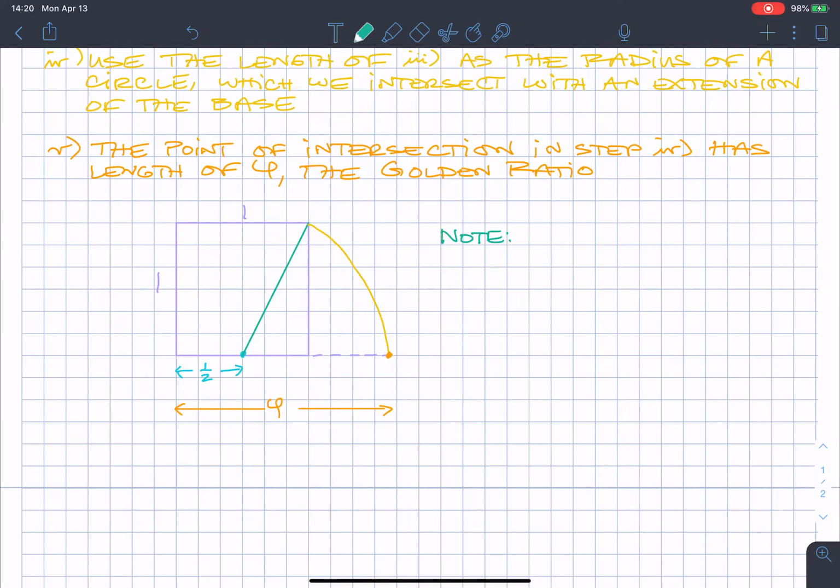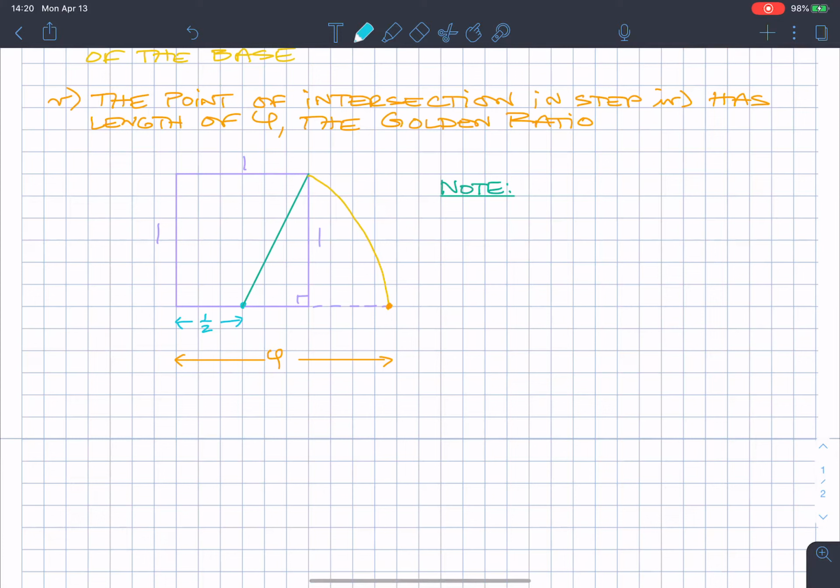we can use the Pythagorean theorem. We know that the height is 1. This is a right triangle here. And I know that the base of this triangle is 1/2, right?